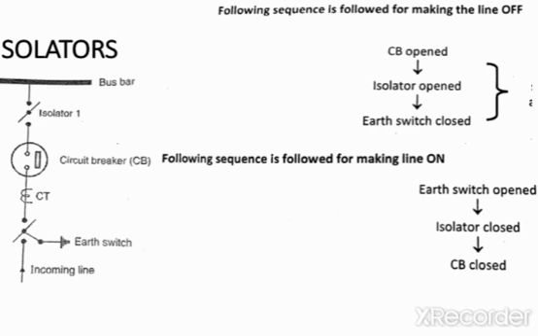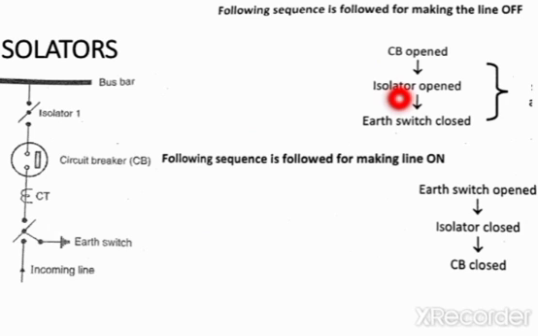The isolator operates normally under the no load condition and it should carry the normal rated current continuously. There is a proper sequence while making the line off and making the line on, and this sequence should be properly followed by the user. While making the line off, we first open the circuit breaker, then open the isolator, and the earth switch used here is closed.